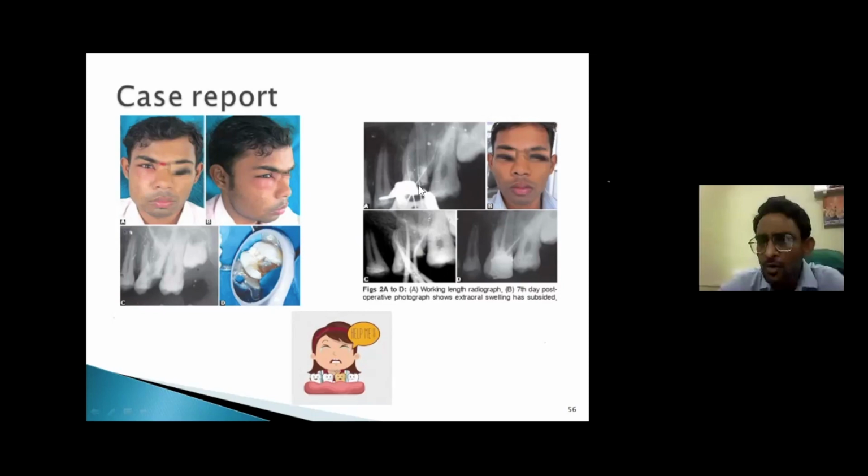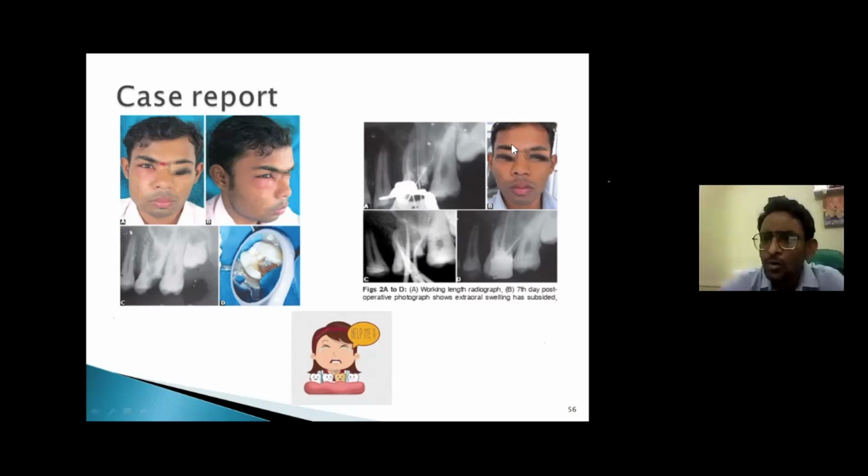As you can see, after negotiation of 4 canals in this tooth, there is an MB2 canal also there. So we have to negotiate all the canals. We have to do the working length determination, cleaning and shaping, complete debridement, and copious irrigation. And once the operation is done, we have to give the coronal seal, as we can see in this radiograph.